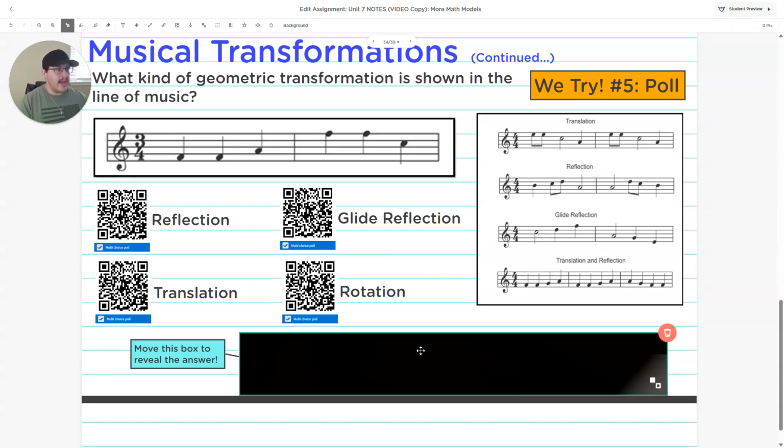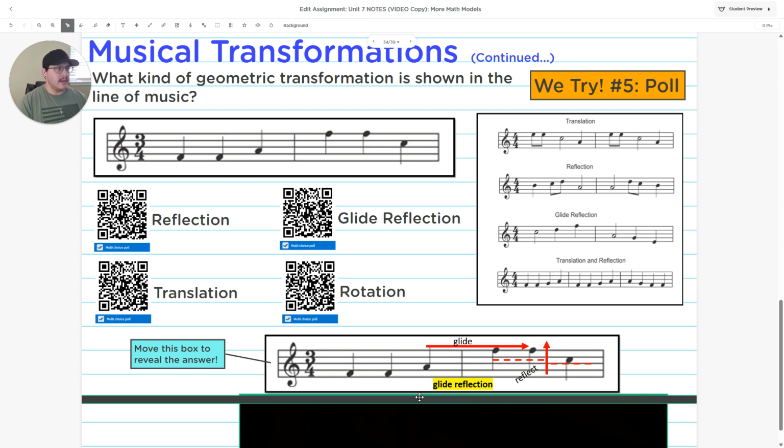Okay, with this, we have a glide reflection as well. This is probably not the best representation, but what does end up happening is these do move in a certain way, either down or up. They're probably down to the next line right here, and then they reflect up to get to that top right here.